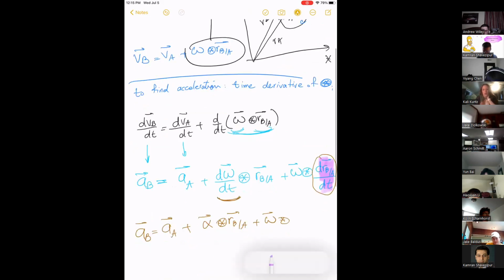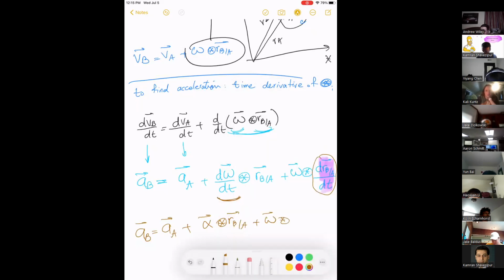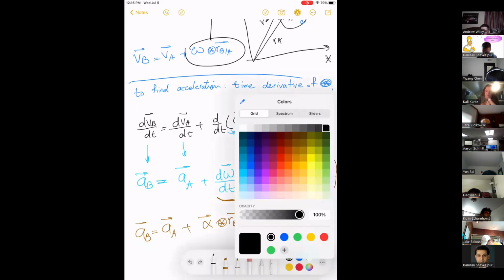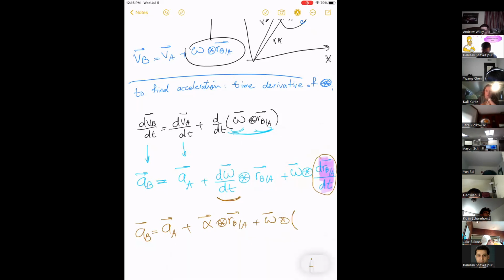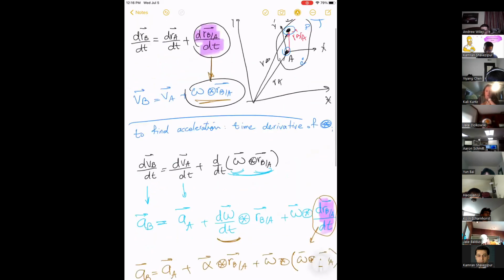So if that's the case, we're going to go here. This is going to be omega cross R_B/A. The same thing we had here, right?